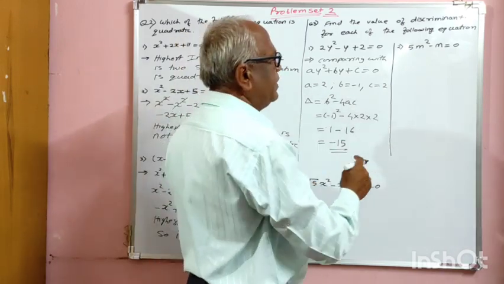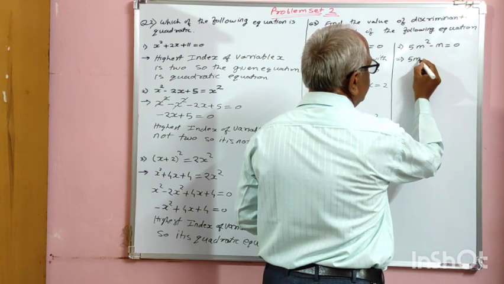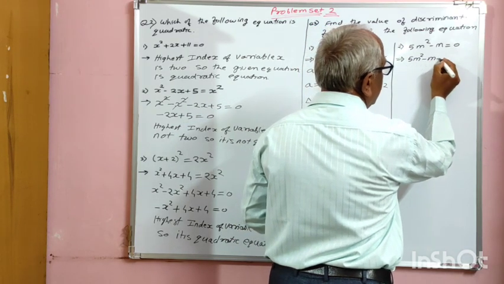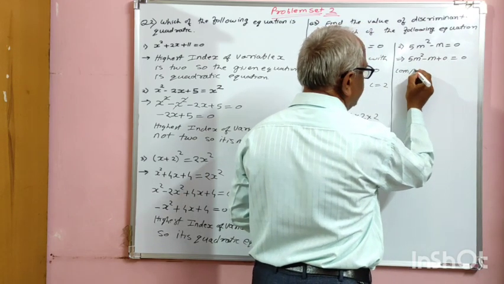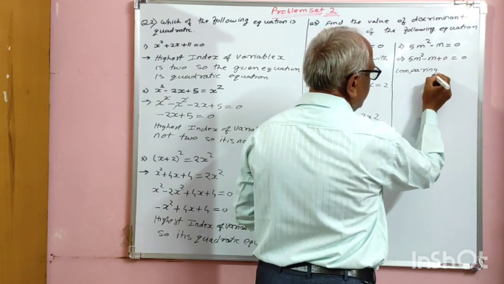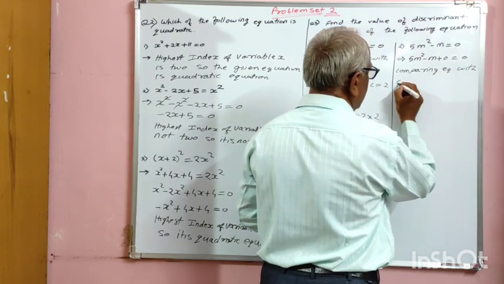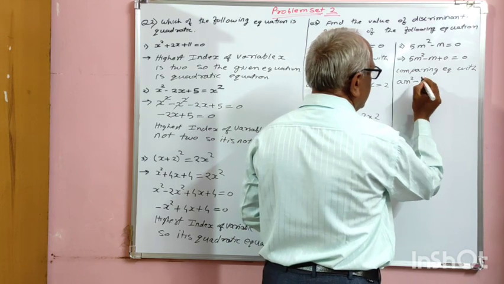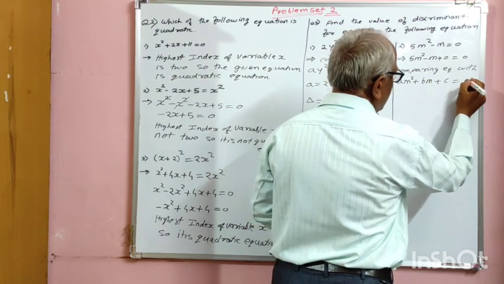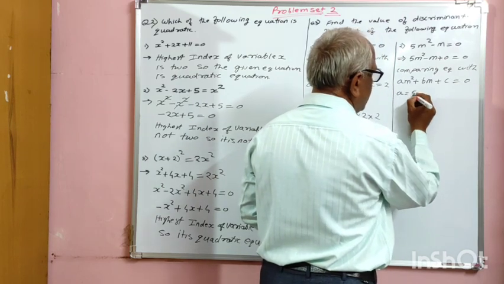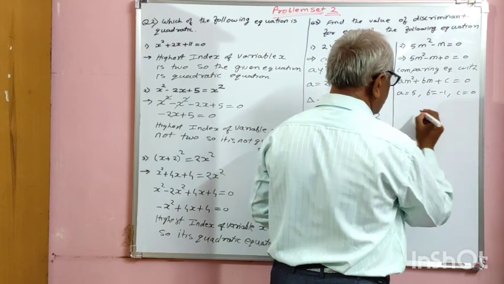Now second example, 5m square minus m plus 0 is equal to 0. Comparing the equation with am square plus bm plus c is equal to 0, where a is equal to 5, b is equal to minus 1, c is equal to 0.